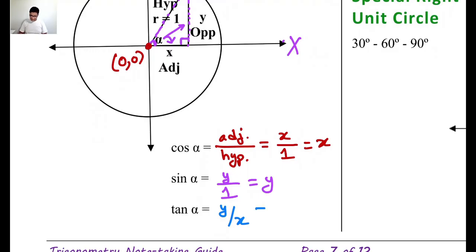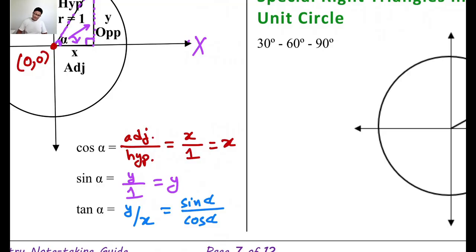Let me jump ahead, we'll be talking about these ratios later, but you can see that this becomes sine alpha over cos alpha. Not just on the unit circle, that is also generally true. Important formula, by the way.